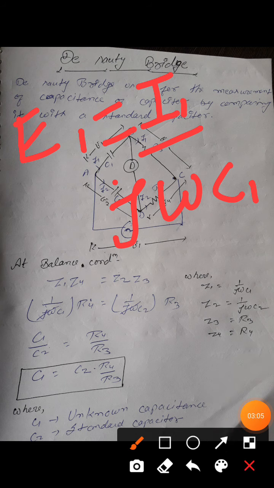We are finding the value of potential difference E1 because we know that voltage lags by 90 degrees in the case of a capacitor. So we draw E1 lagging 90 degrees from current I1, and the value of E1 is I1 upon j omega C1.